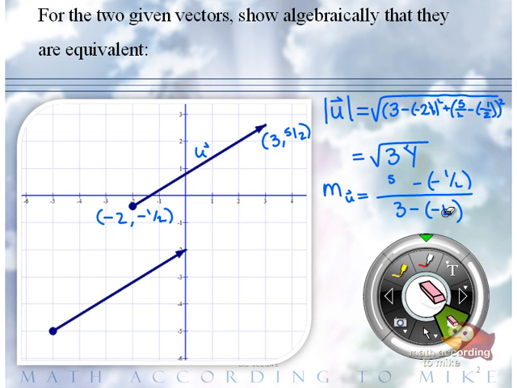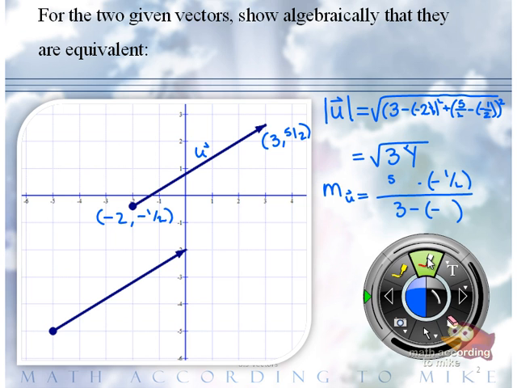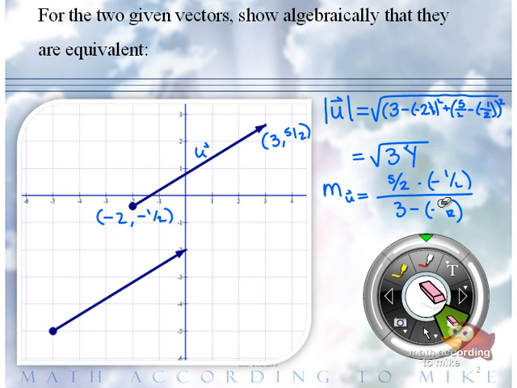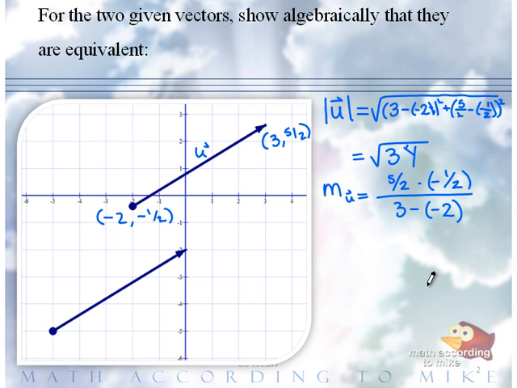Oh, that's supposed to be -2, right? What is 5/2 minus -1/2? 3 over 3 minus -2.